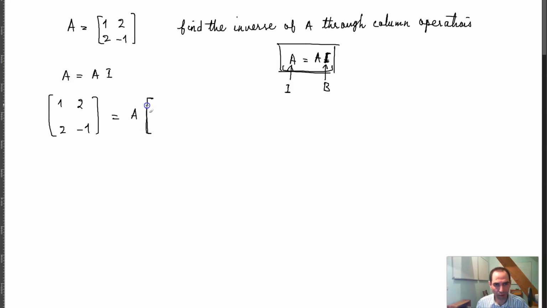And then the matrix I is basically 1, 0, 0, 1. And therefore, I need to do the column operations in such a way that in this matrix, this remains, of course, a 1, this becomes a 0, this becomes a 0, and this becomes a positive 1. So these three have to change, right?